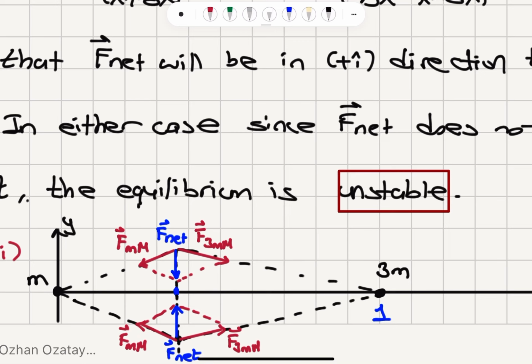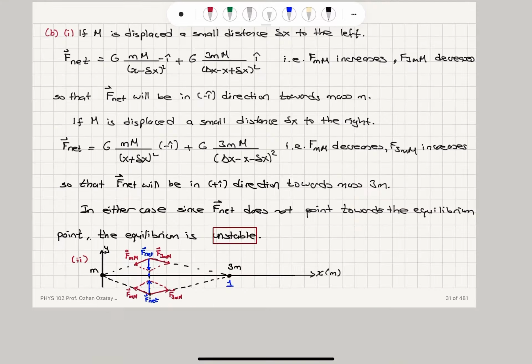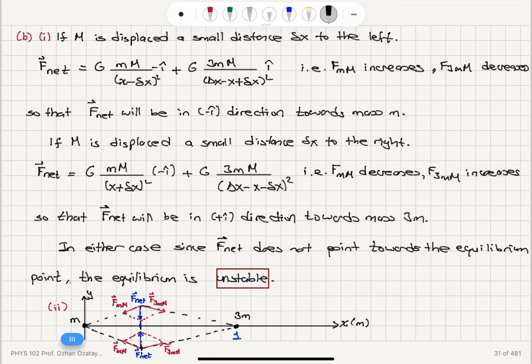The x components will still cancel, but the y components will add up and point towards the equilibrium point for displacements upwards or downwards. So I will see that the system tries to go back to the equilibrium point again.